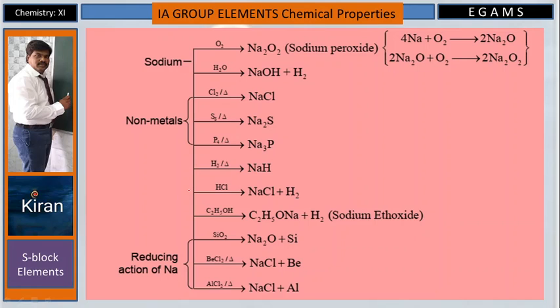The same way, next one, when sodium reacts with acid, HCl, you will get sodium chloride and hydrogen gas. Sodium, when it reacts with hydrogen chloride, you will get sodium chloride plus H2. So here the sodium replaces hydrogen gas.